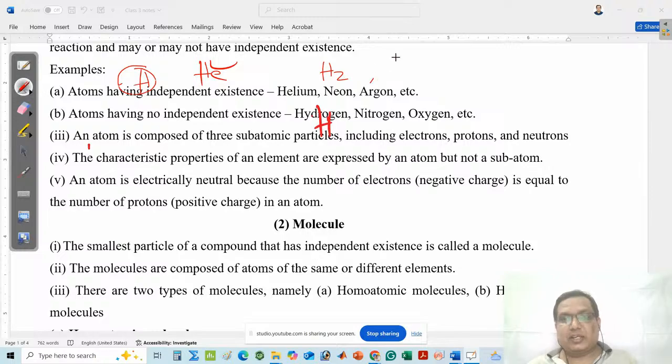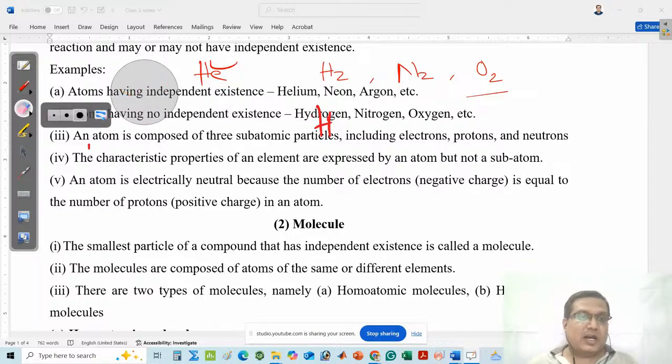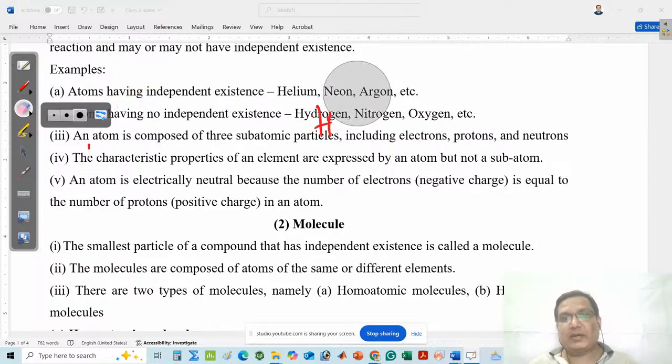Similarly, you can think about the nitrogen molecule. Next is the oxygen molecule. Such types of atoms do not have independent existence. Such atoms are generally considered as atoms having no independent existence.